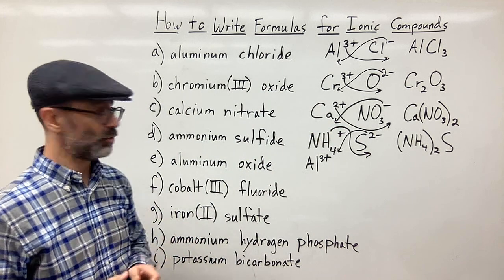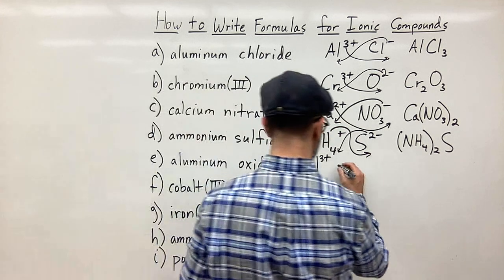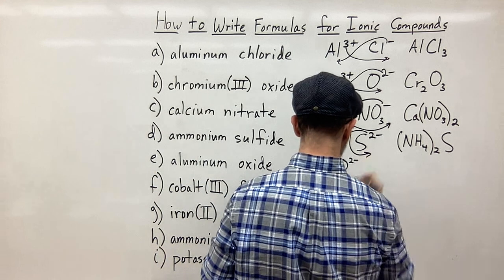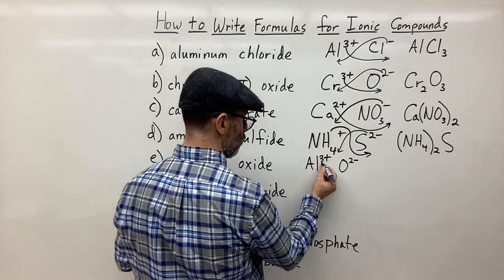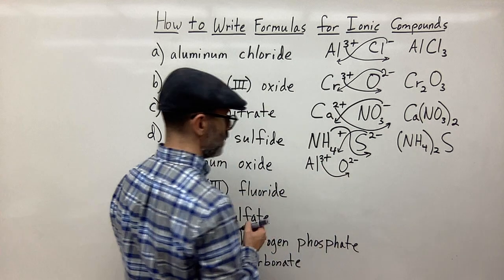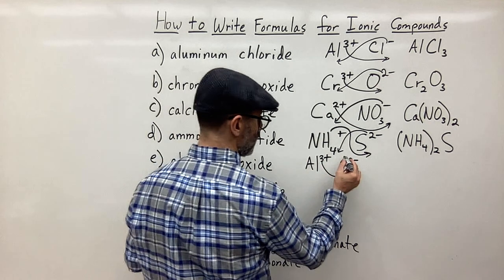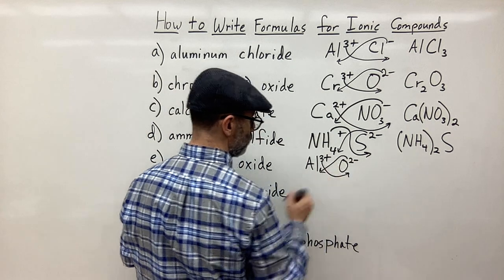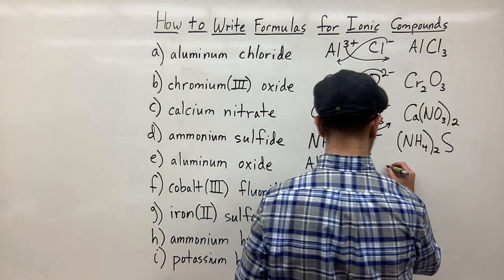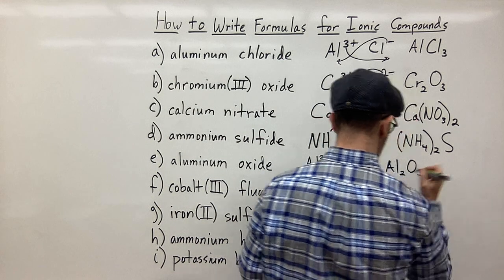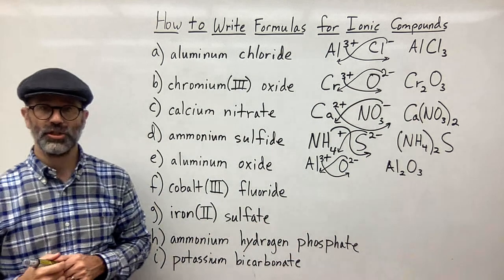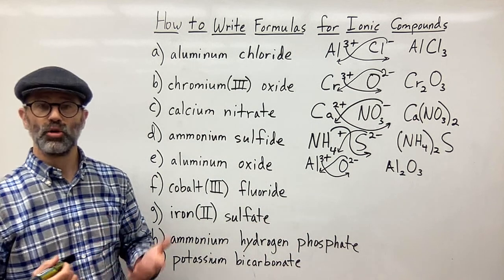It's going to gain 2 electrons to be like its closest noble gas. So 2 minus. And then we do the crisscross method. So the 3 goes as a subscript for the oxygen. The 2 goes as a subscript for the aluminum. And we get Al2O3. And there's your formula for aluminum oxide.